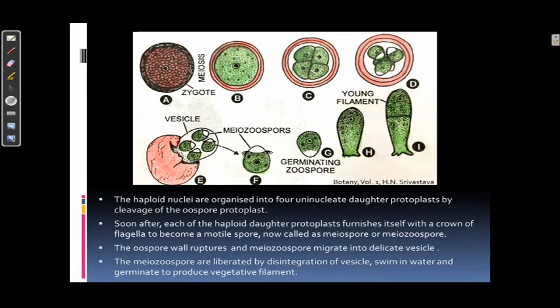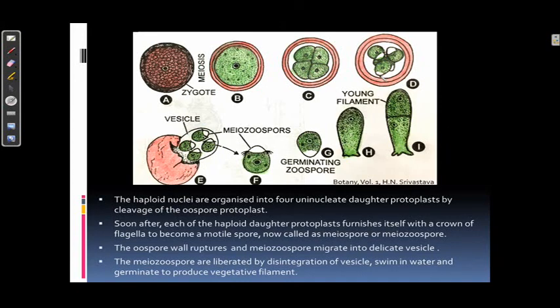Soon after that, each of the haploid daughter protoplasts forms a crown of flagella at their anterior end, just below the colorless side, and becomes motile. Their structure is also similar to that of the zoospore, androspore, as well as antherozoid.